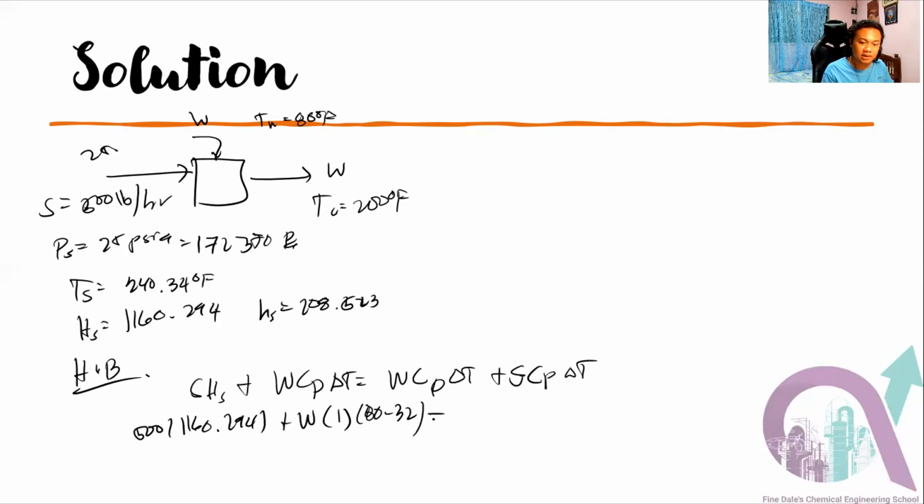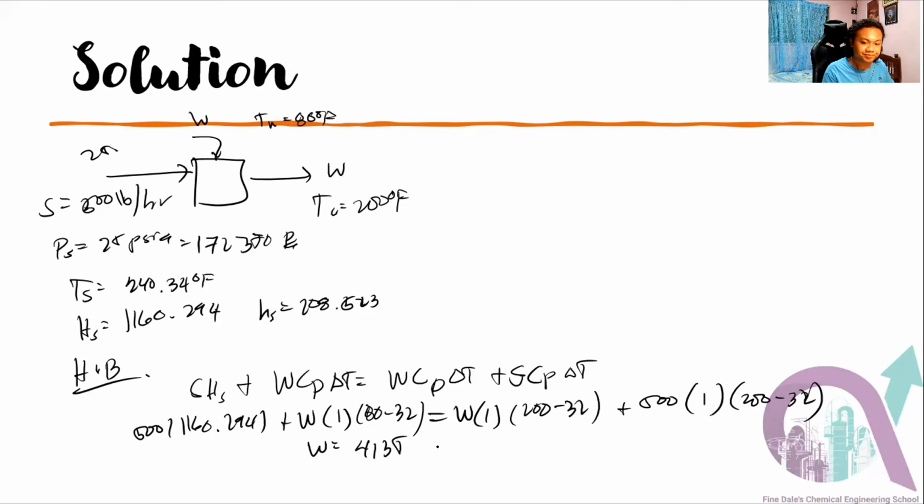Okay, and then you have W times 1, and then the temperature 200 and 32. Plus 500, 1, and 200, and 32. Okay, solve for W, you will get 4135 pounds per hour. Okay, that's the answer for number 25.